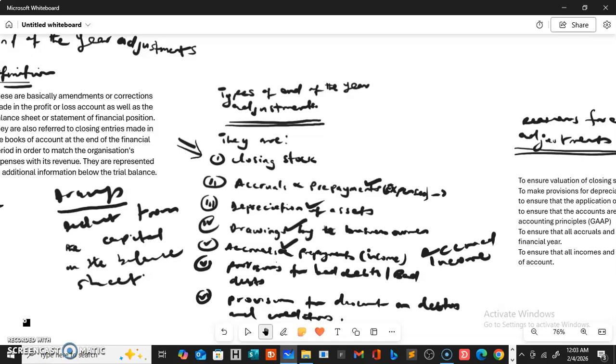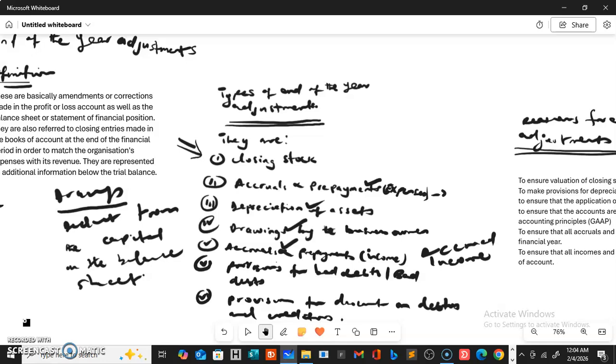Now accrued income is income earned by an organization or individual, but it has not been paid at the specified period of time. So this accrued income means the individual or organization is still being owed for this income.